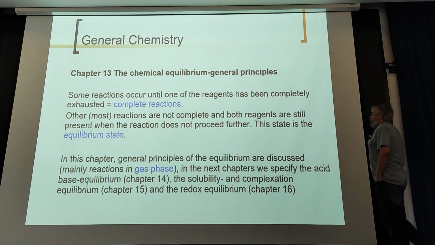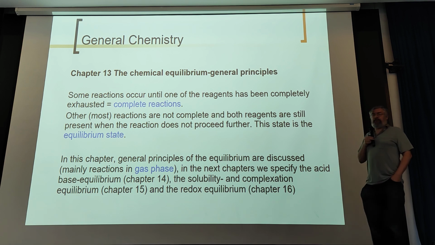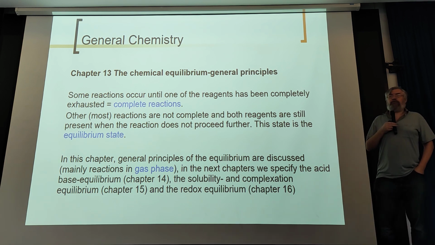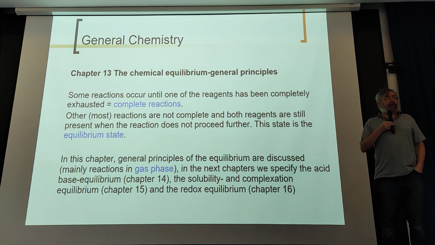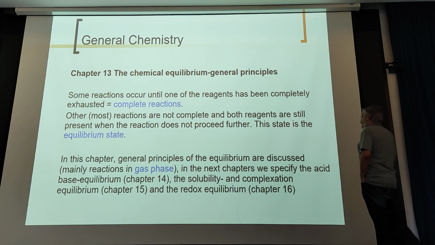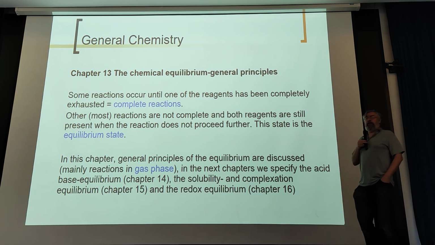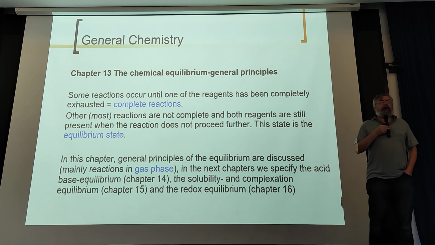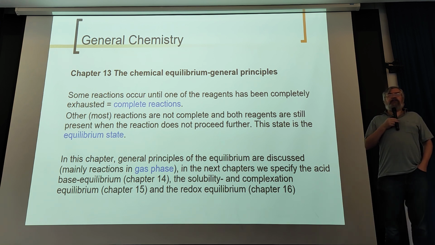So that means there might still be some small amounts, or in some cases quite large amounts, of the reagents. And at some point the reaction doesn't go further. So these are so-called equilibrium reactions, and this state where you have reactants together with products and it doesn't move anymore is called the equilibrium state.